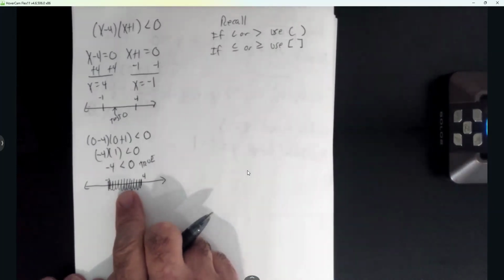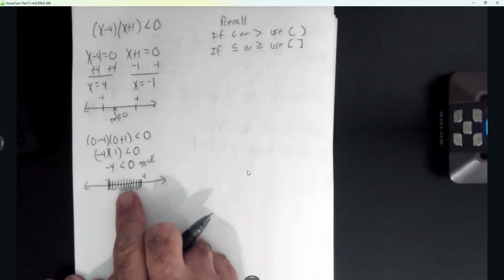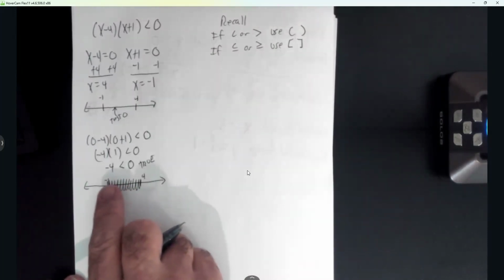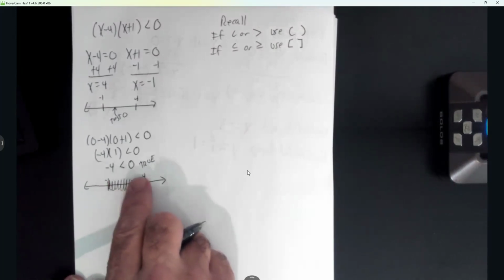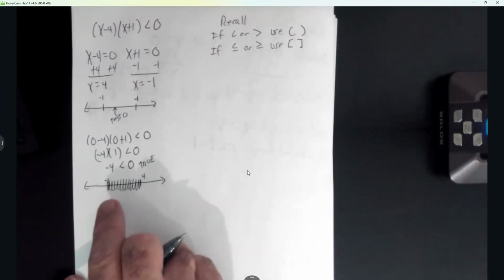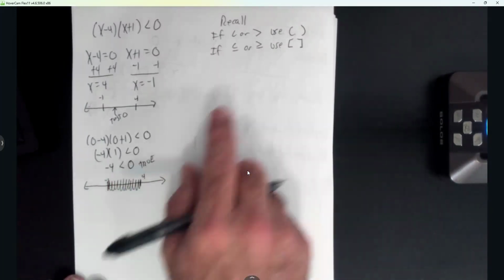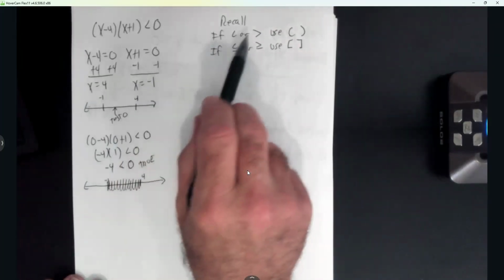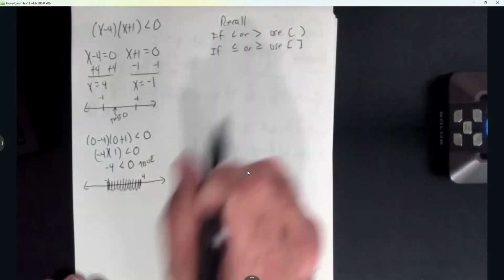Now, I'm going to write my answer in interval notation. Now, when it's in the center, my numbers will go from -1 to 4, and that's it. Now I got to determine if I'm going to use parentheses or brackets around the number. Well, that's less than, and less than uses parentheses.